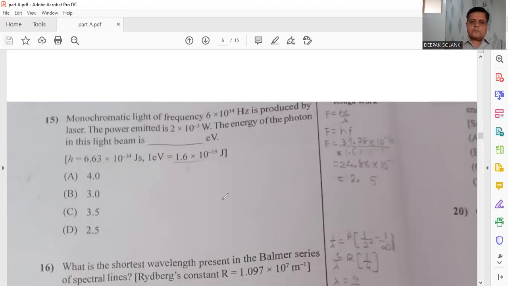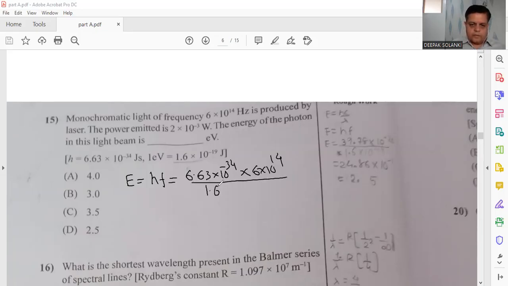Monochromatic light of frequency 6 into 10 to the power 14 Hz is produced by a laser. The power emitted is given, but when you are asked the energy of the photon, there is no need of power. It is directly hf: 6.63 into 10 to power minus 34 into f, where f is 6 into 10 to power 14. Then you have to find the answer in electron volt, so you have to divide it by 1.6 into 10 to power minus 19.